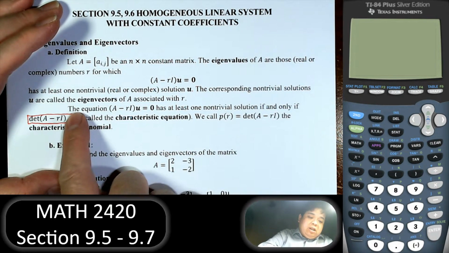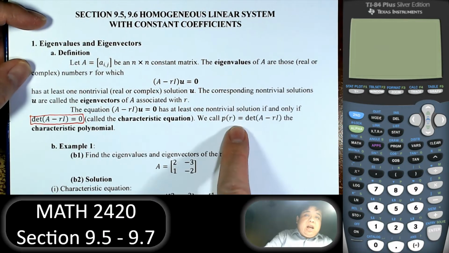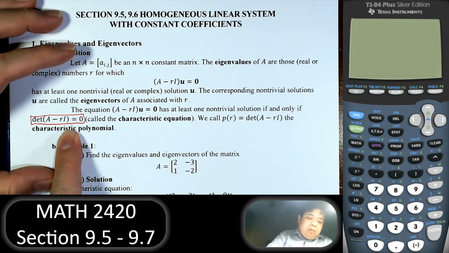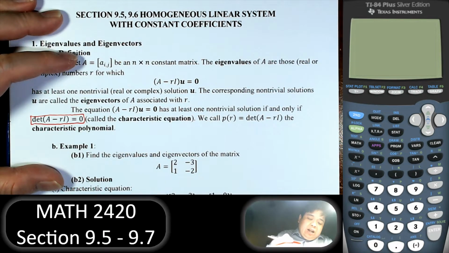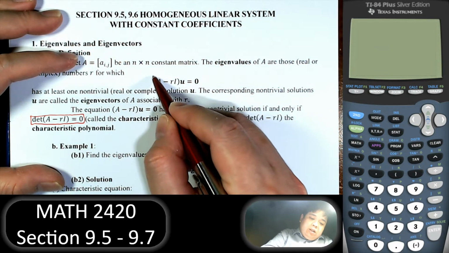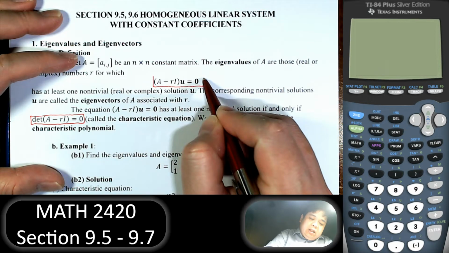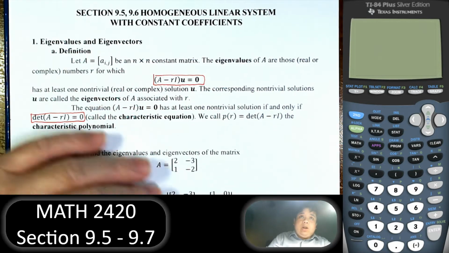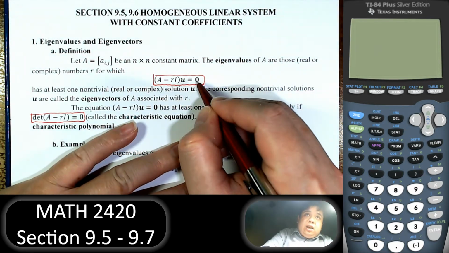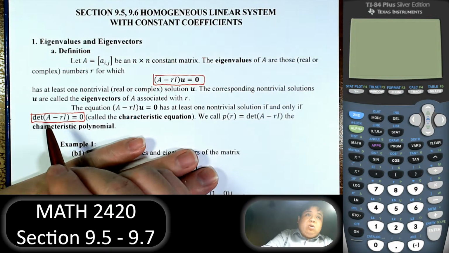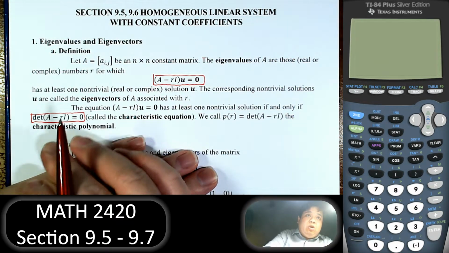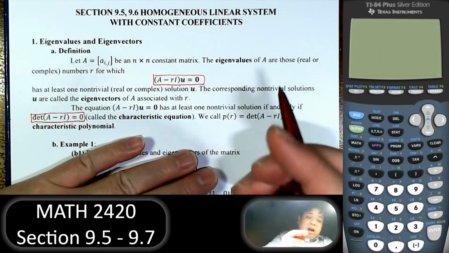If we don't have the 0, then we have the characteristic polynomial. And to solve for the eigenvectors, we're going to solve that equation. So this equation is to solve for eigenvectors, and this equation is to solve for eigenvalues. We solve for eigenvalues first, and then we solve for eigenvectors.